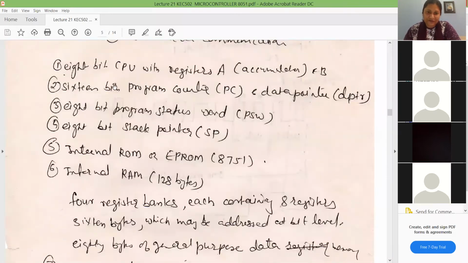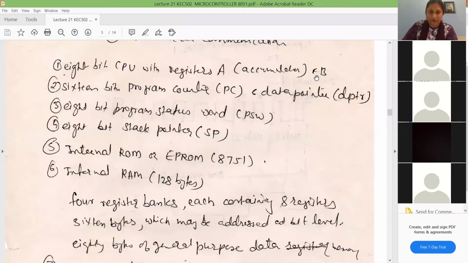So we have seen some features also, that it is having an 8-bit accumulator and B register. And in 8085 we were having C register, D register, E register, but this is not having C, D, etc. registers. It is having R0 to R7, these 8 registers, but they are there in 4 banks.